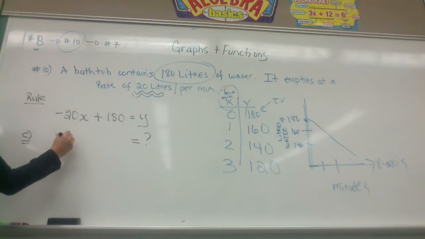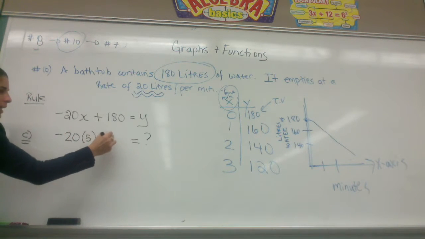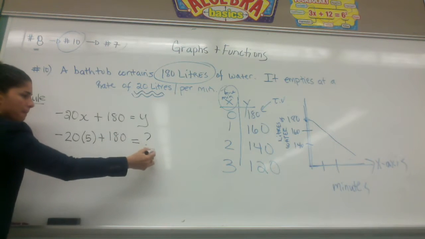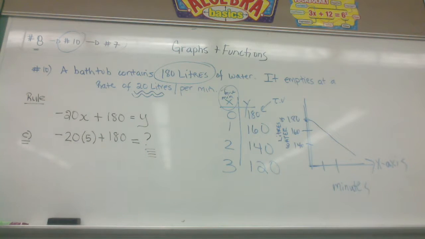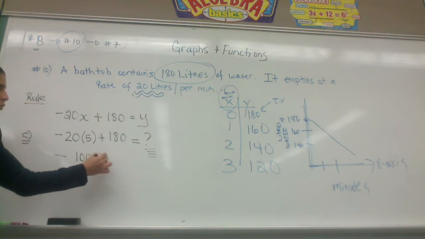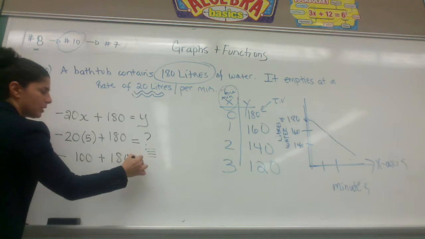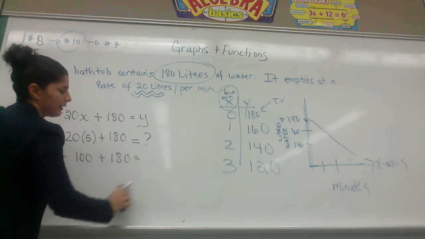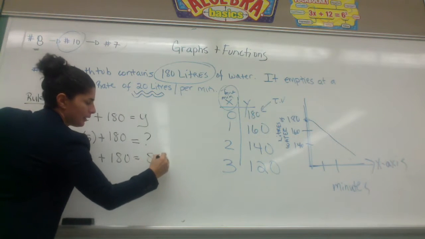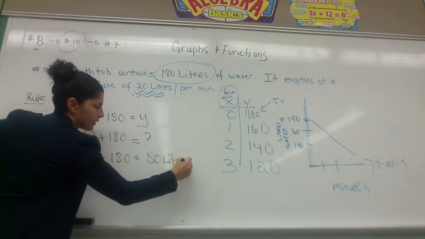So I have to do negative 20 times 5 plus 180, which will give me the amount of liters. So I'm going to do algebra. Negative 100 plus 180 equals 80 liters. 80 liters left.